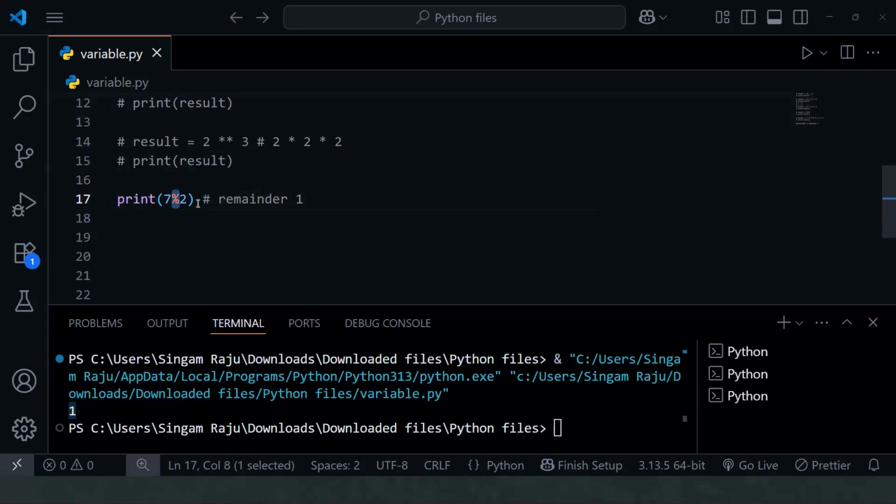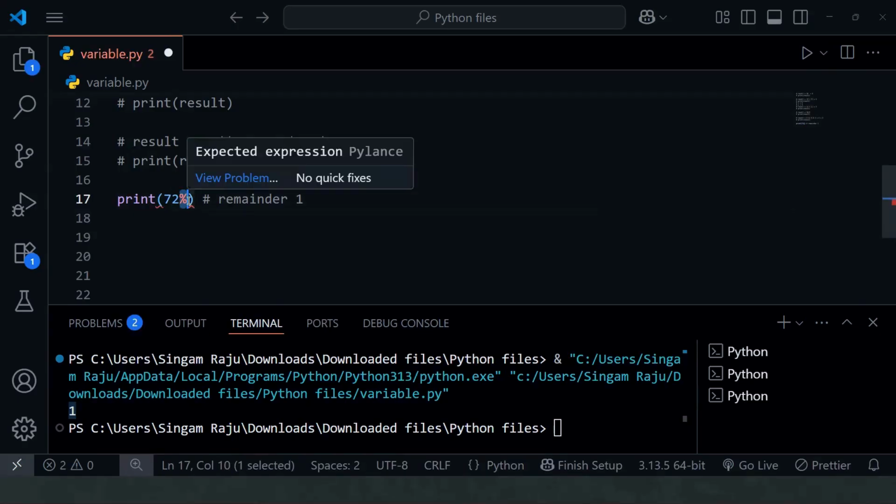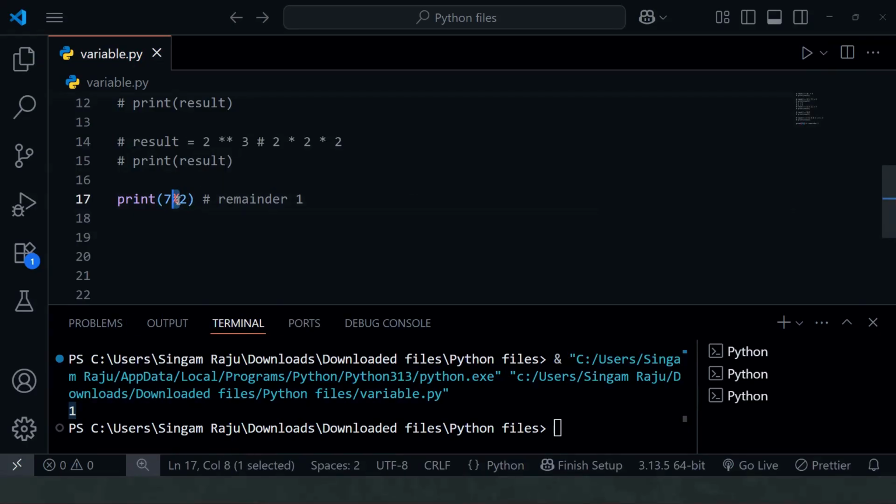Like I'll give you one good example for this. Let's say you have 7 chocolates and you have to share these 7 chocolates with 2 members equally. In order to share them equally, you have to give 3 and 3 to 2 persons. And the leftover chocolate, how many chocolates will be left?